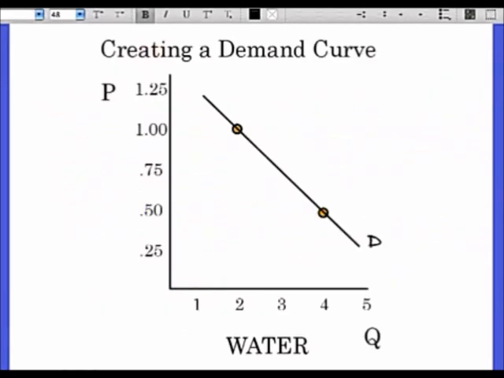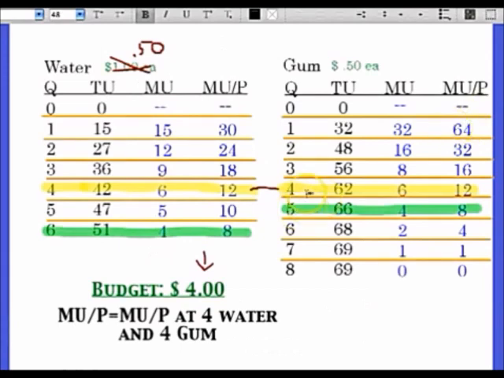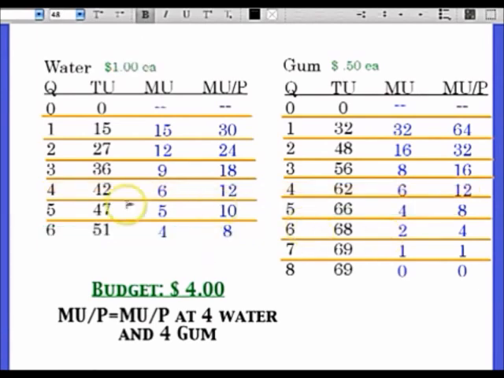As an afterthought, what happens if my budget is different or is higher than the combination? What I mean by that is, let's say I'm going to change my budget.